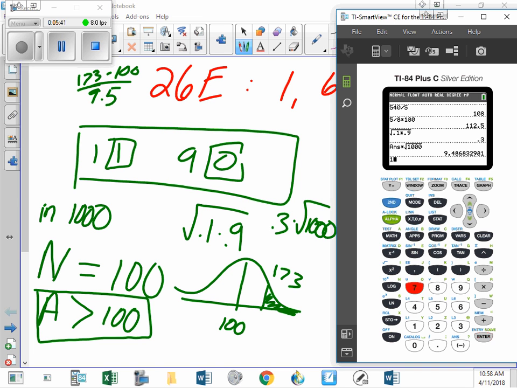So 173 minus 100 is 73 divided by 9.5. And I get a z-score of 7.68. What is the p-value, meaning the area to the right of 7.68? 0.